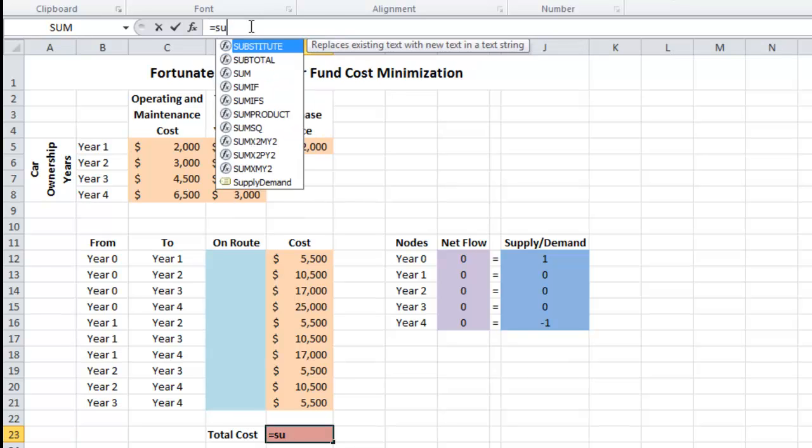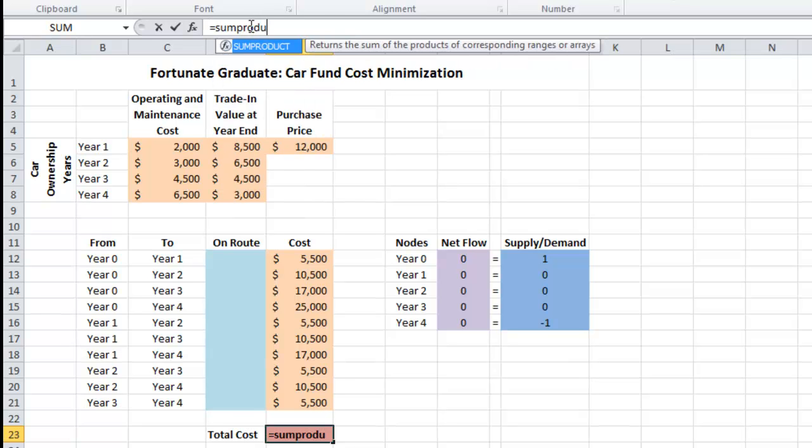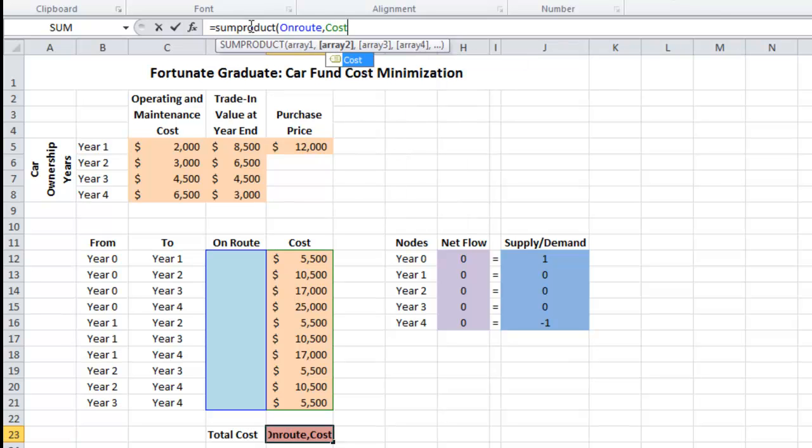So equals SUMPRODUCT, open parentheses, and this will be the on route, comma, times our cost. As you can see, it outlines each one of those cell regions in a small border, blue and green.